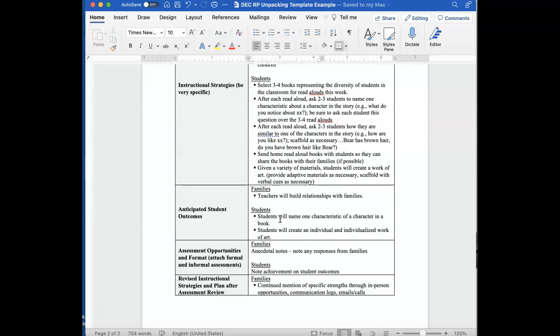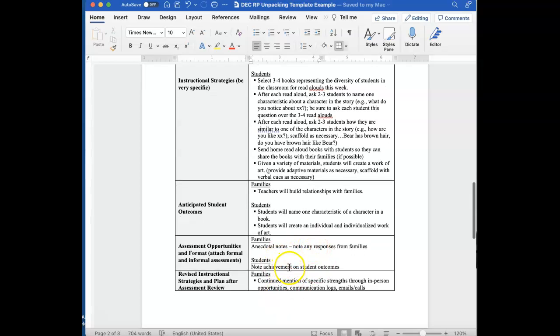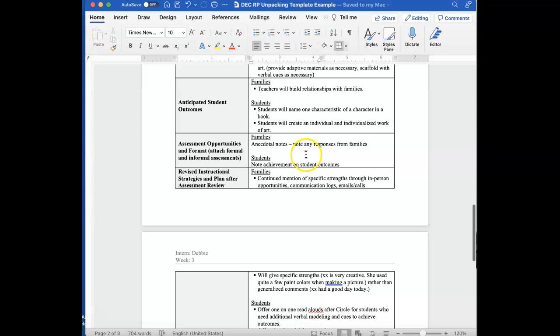And then at the end of the week, I'm going to think back, did my kiddos meet these anticipated outcomes? Were they able to do what I wanted them to do? How am I going to gather that data? What am I going to do? That information goes here. Actually, I'm sorry, that goes in with the first week that we're doing this. So this would be week 3.